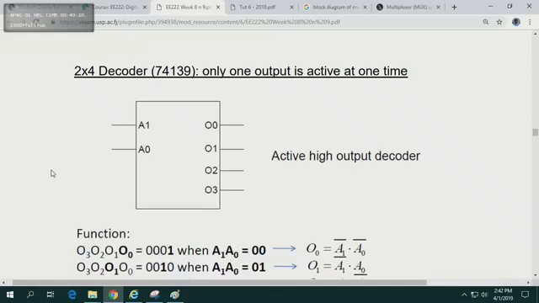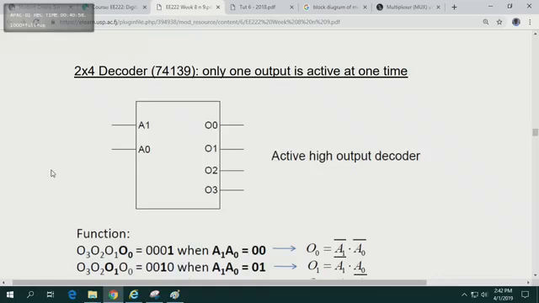So if you've got 2 input lines, 4 output lines, if your A0 is 0 and A1 is 0, so you've got 0, 0, your output 0 will become a 1. Your output 0 will be a high. But all the other outputs will be a low. So once again, for decoder, at any point in time, only one of the outputs will turn on, right?